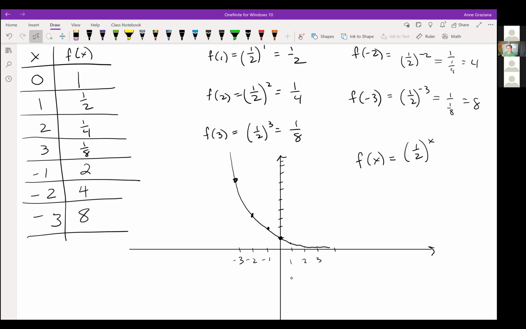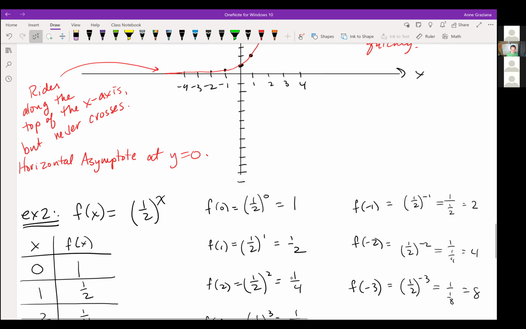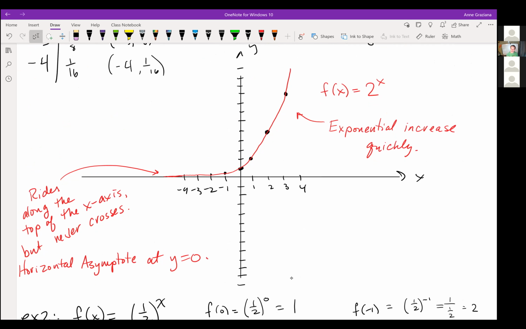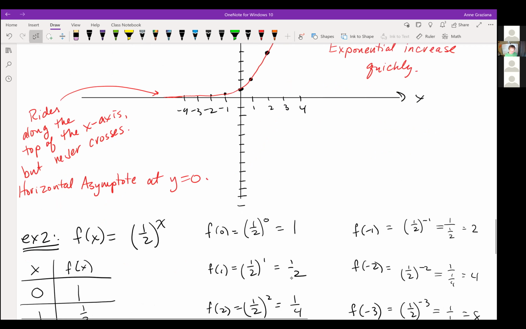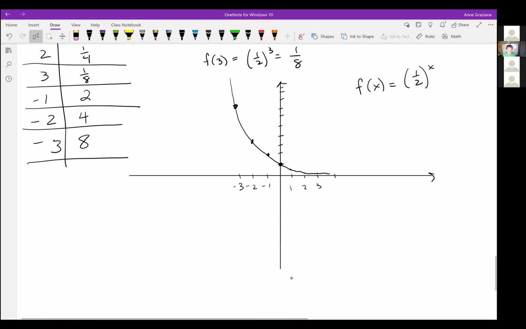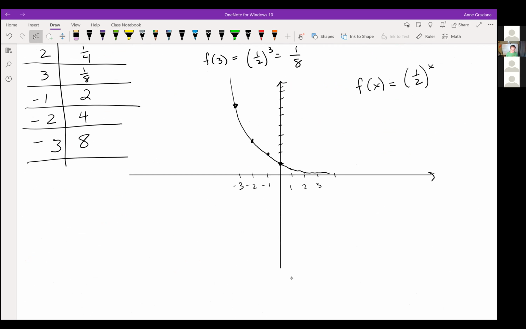It reflects around the y-axis. If you could take this graph, just imagine smacking it and it swivels to the other side. I have a very vivid imagination. Imagine twisting it around the y-axis. It's called a reflection. So this is a reflection around the y-axis.